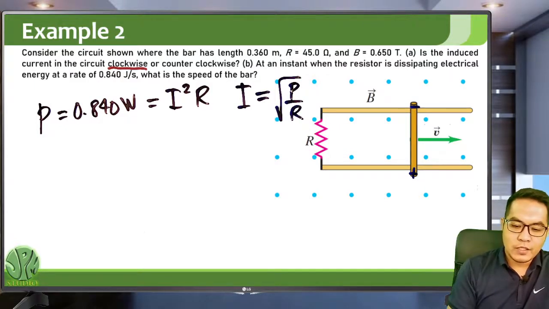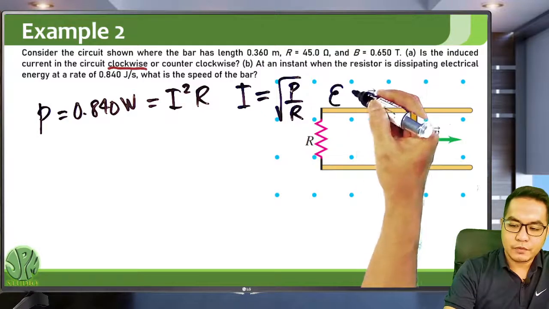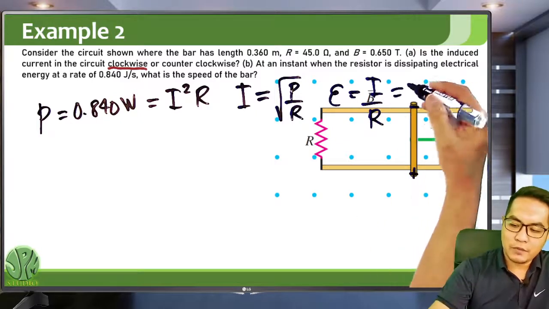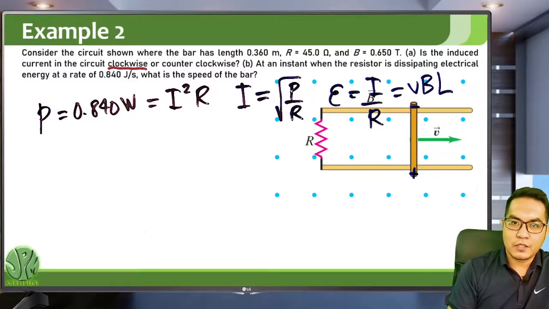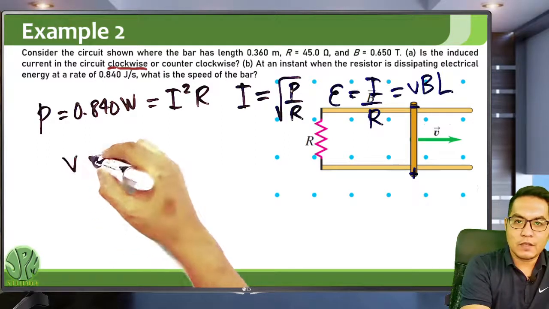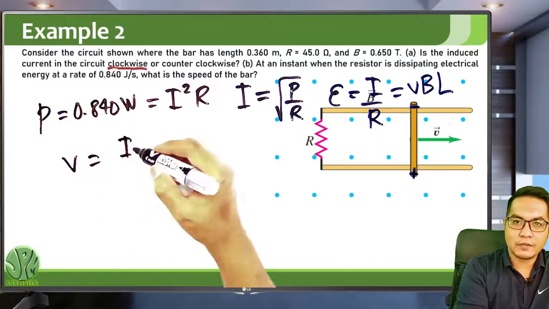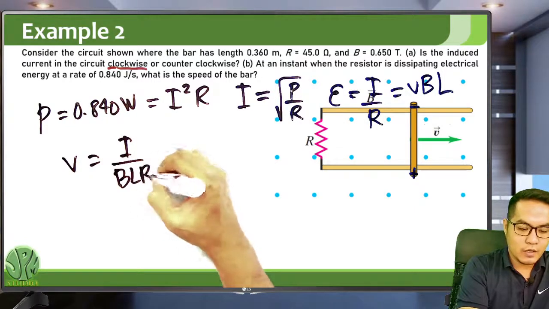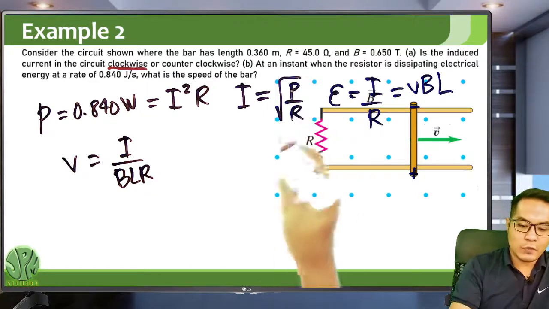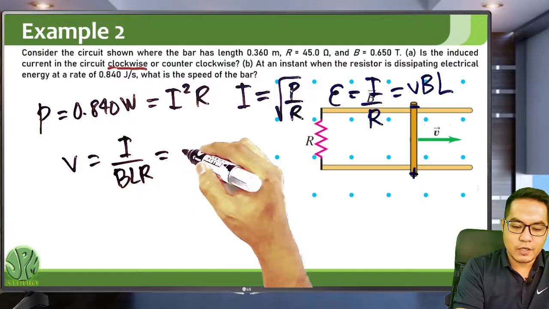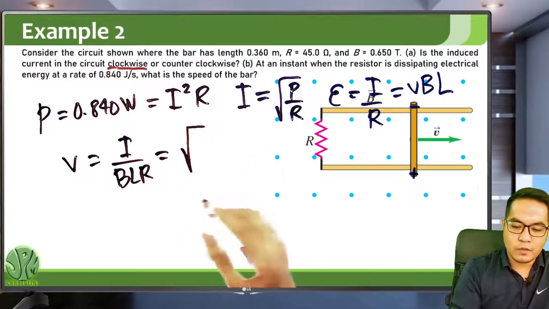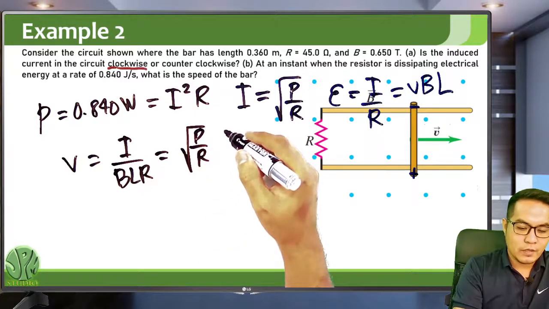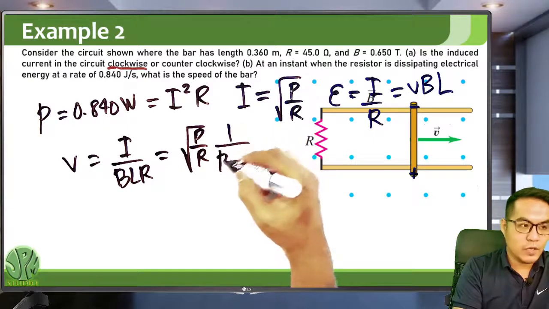And since the EMF is equal to vBL, I can solve for v now.